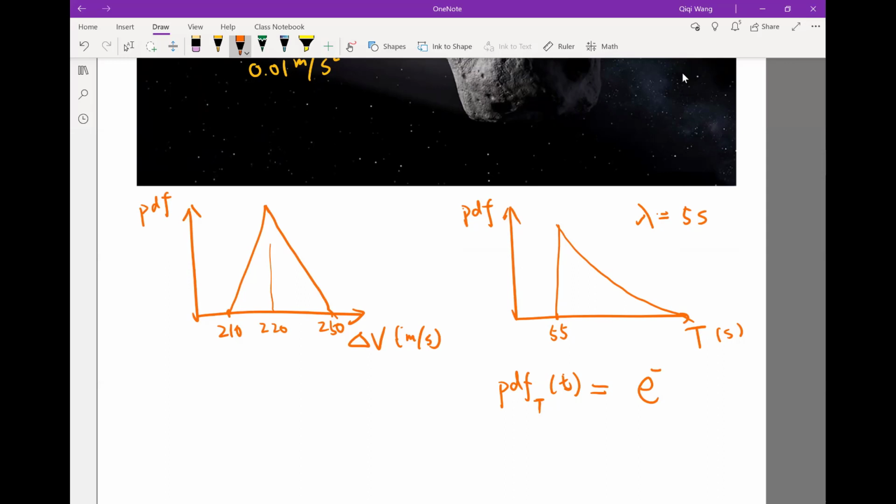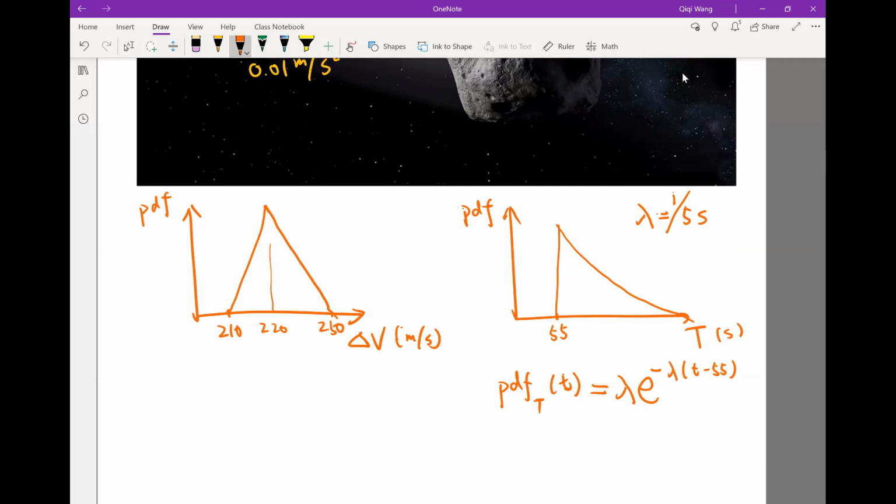Oh, actually, lambda has to be a rate, 1/5 per second, right? So minus lambda times (t minus 55). And in order for this thing to integrate to 1, the exponential function has to be multiplied by lambda.